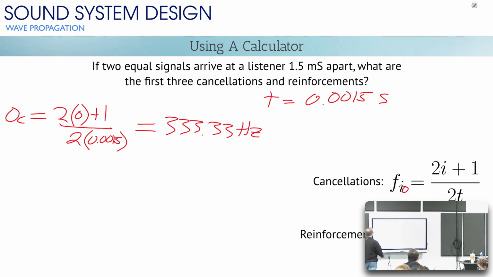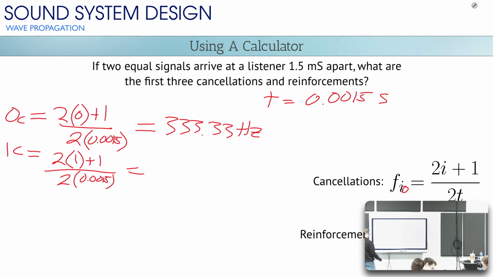Okay? So let's take a look at the next frequency that will cancel out. That would be 1 for i. So this would be 2 times 1 plus 1, divided by 2 times 0.0015. Yeah, so that would be 666.67 hertz. Anybody else get that?